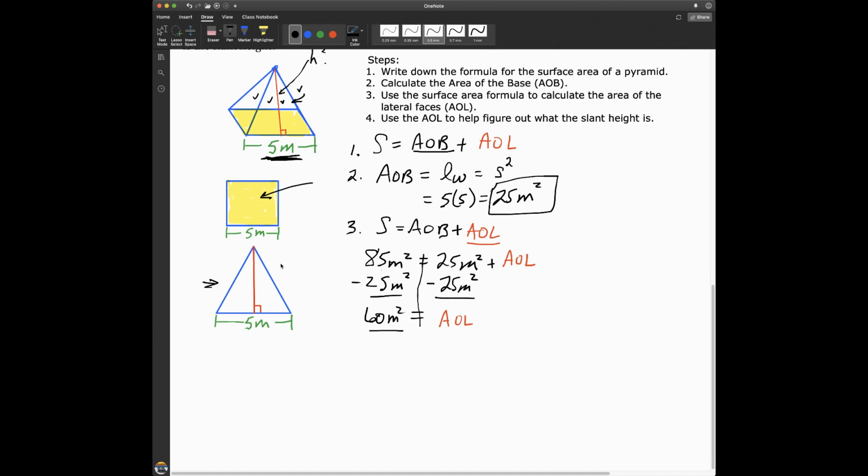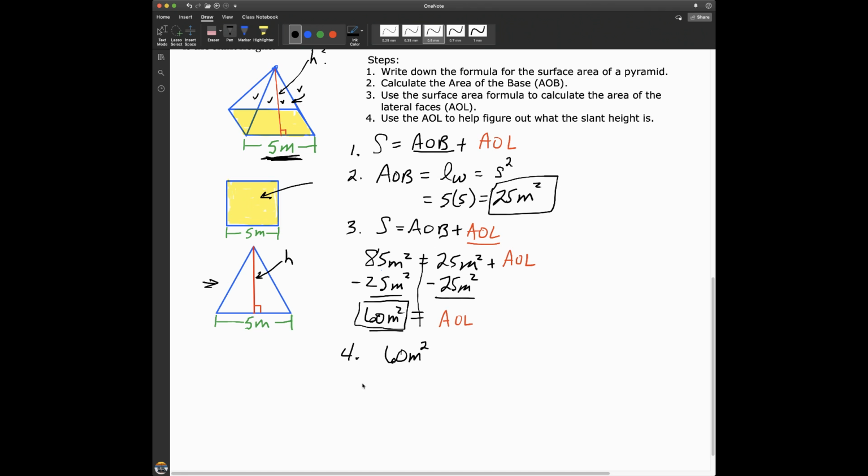And the slant height that we're looking for is basically the height of that triangle. So for part 4, how can we use this value, 60 meters squared? Well, 60 meters squared is the area of all 4 of the triangles.